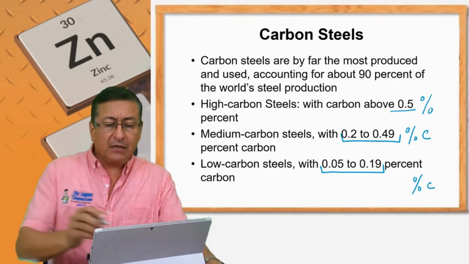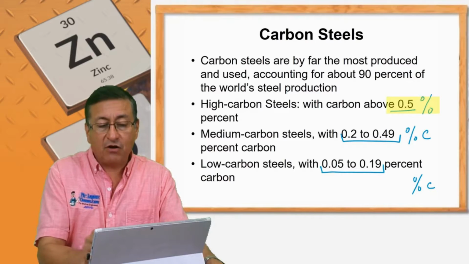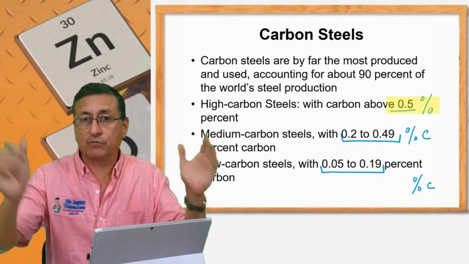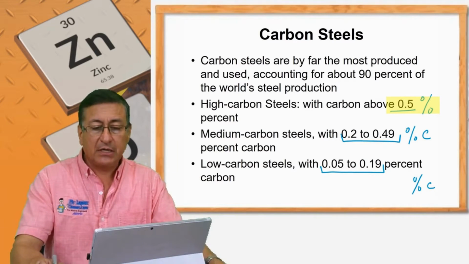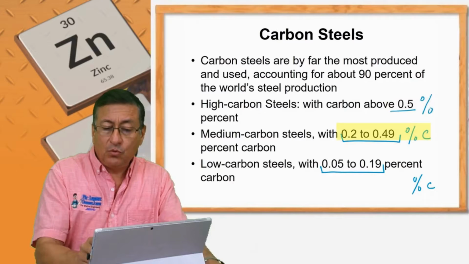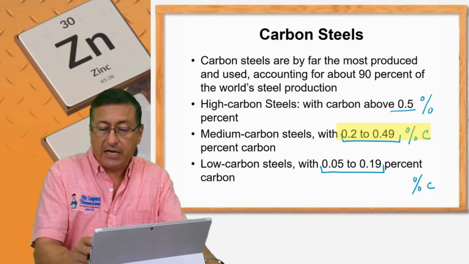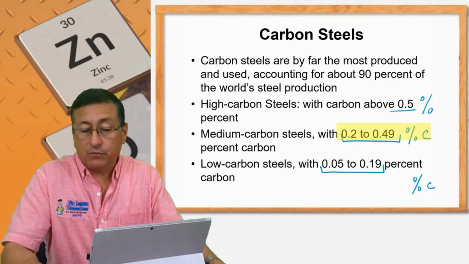High carbon steels have around 0.5% of carbon. The medium carbons are between 0.2 and 0.49% of carbon.